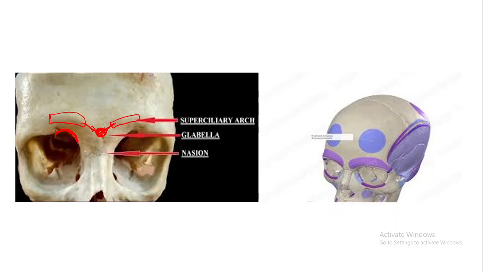The glabella is present just above the frontonasal suture. This is the frontal bone and these are the two nasal bones. When the frontal bone joins the nasal bones, there is a suture called the frontonasal suture. So the glabella is present above the frontonasal suture. The two nasal bones are joined by the internasal suture.